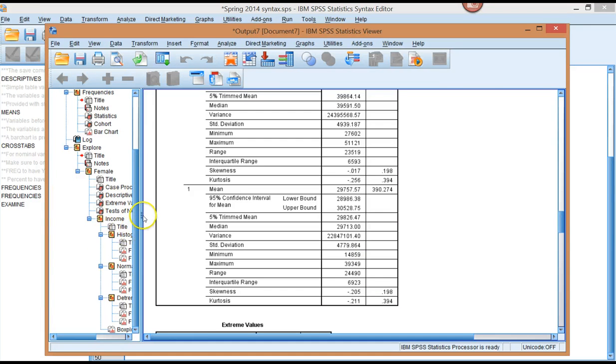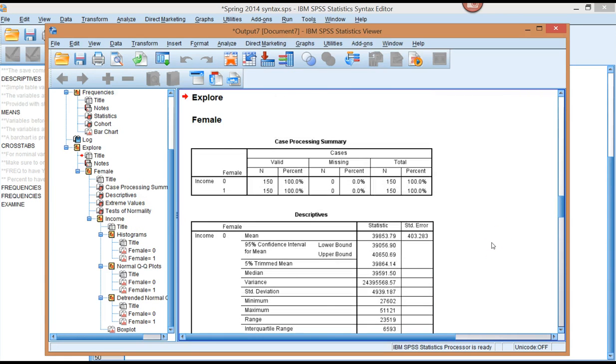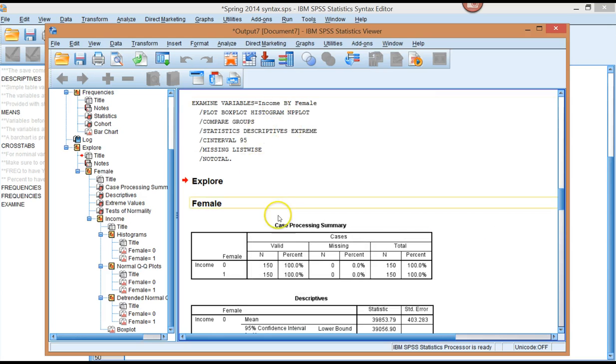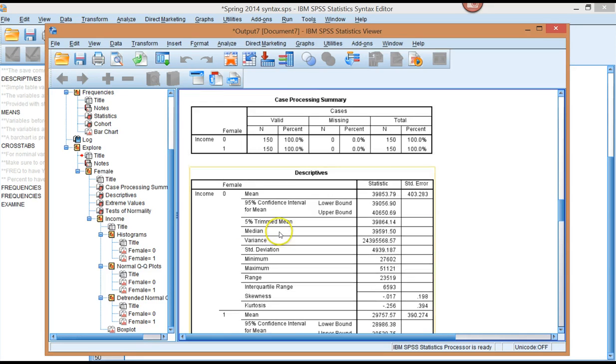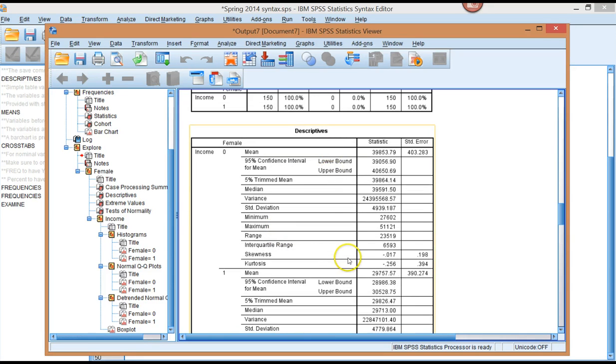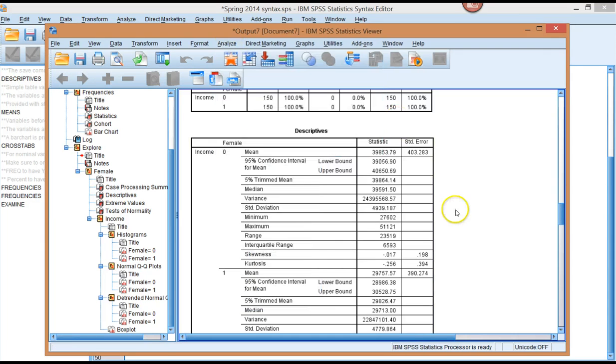and you see that you get quite a bit of information when you use the explore function. So first, of course, there's your syntax, and you get the case processing summary, which always tells you how many valid cases you have. We have no missing cases. And then here you have the descriptives, similar to the descriptives that you get when you use Analyze, Descriptives.